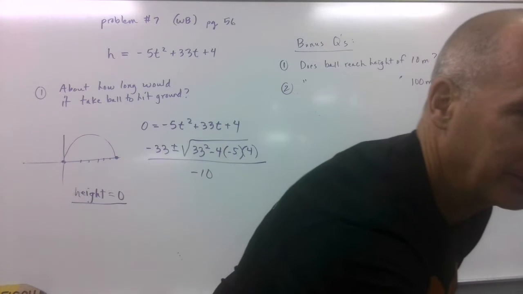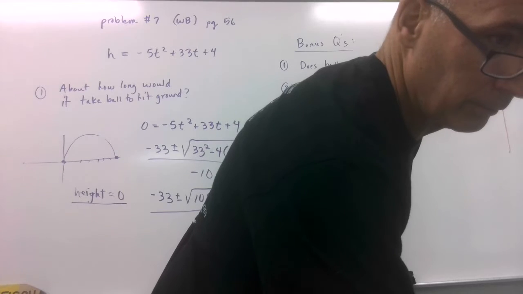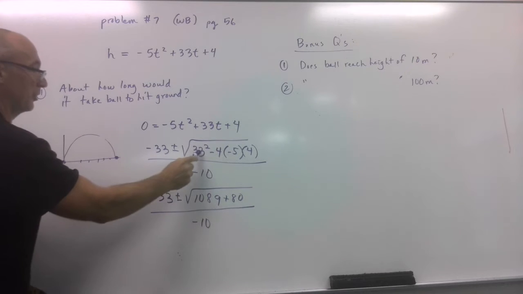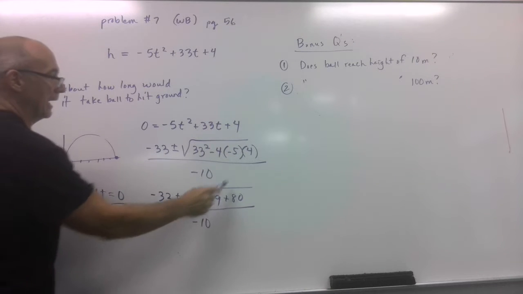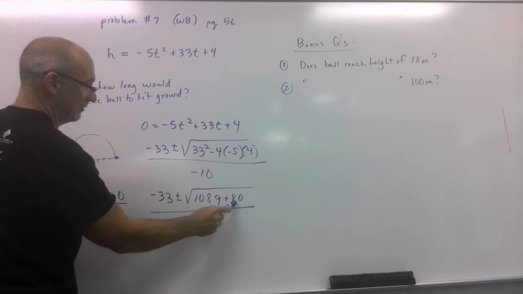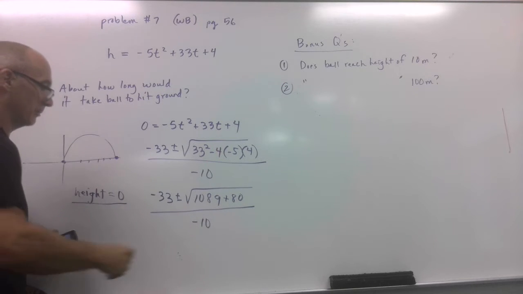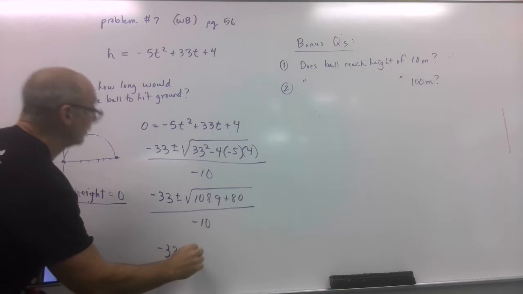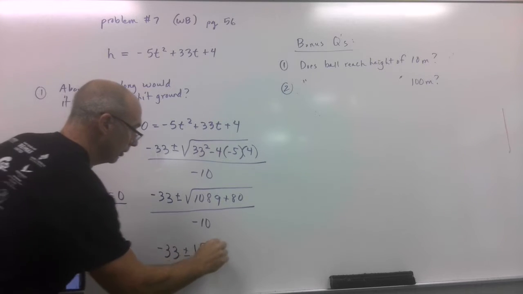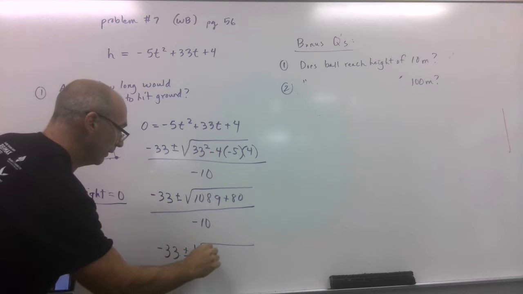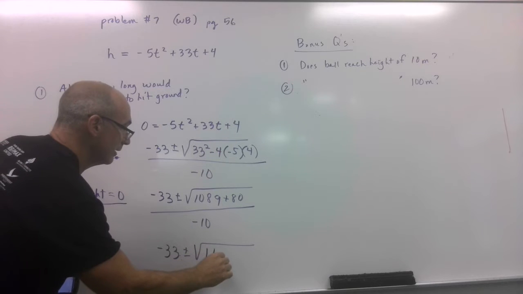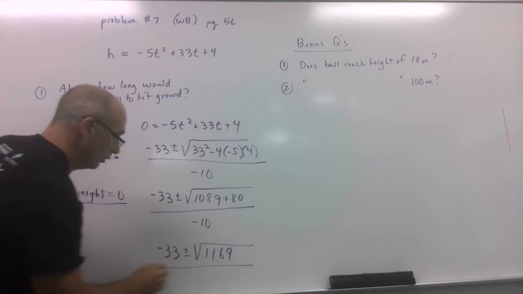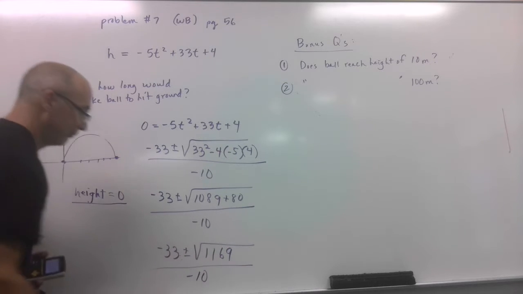I got to get my calculator here a second. All right, got my calculator, did a little crunching. 33 squared is 1,089. This times this times this is just positive 80. So if we kept going, we'd get negative 33 plus or minus the square root of 1,169 all over negative 10.